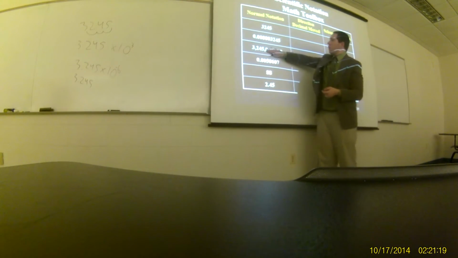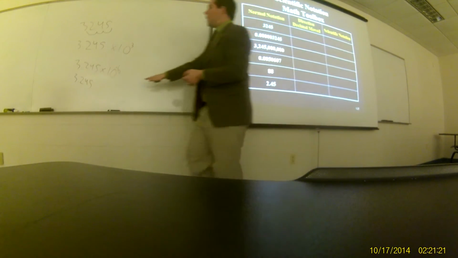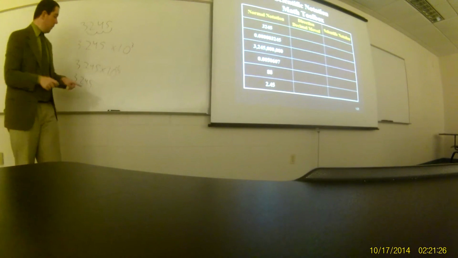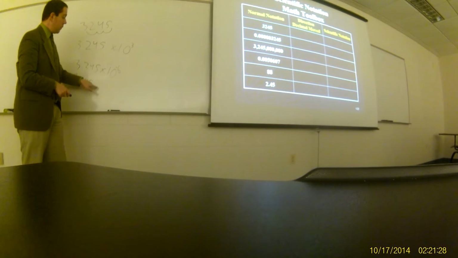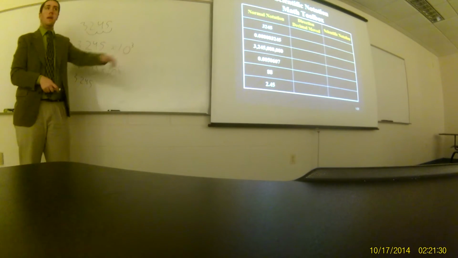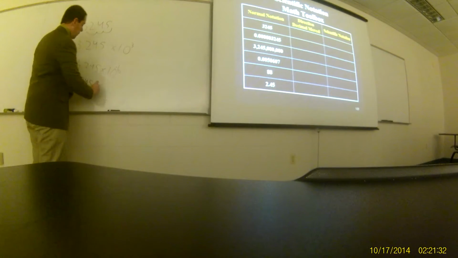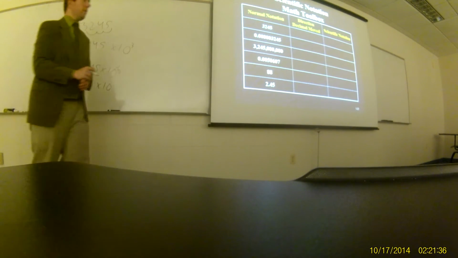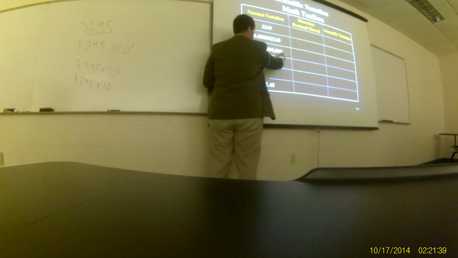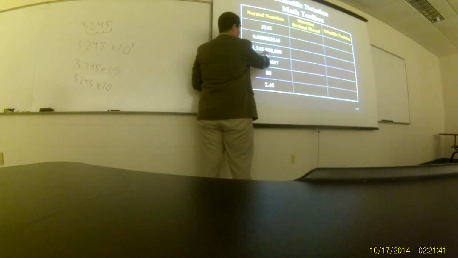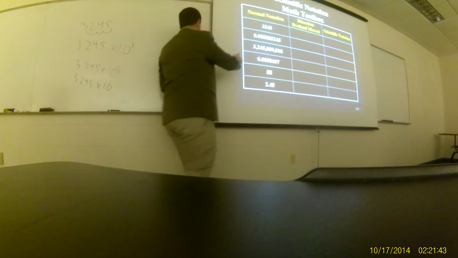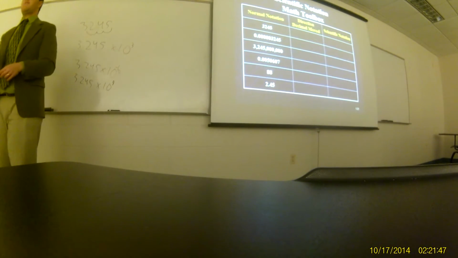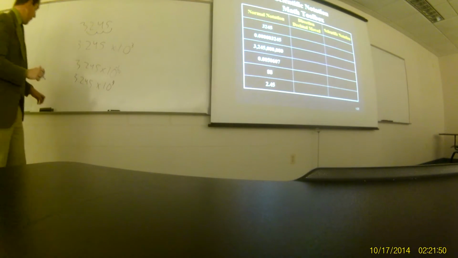And so we can get rid of them when we come over here. If they were significant, we can't get rid of them. We'd have to go 3.245000000, and so on. So here we have 3.245 times 10 to the what? 9. 1, 2, 3, 4, 5, 6, 7, 8, 9. Positive 9, negative 9? Positive, because we went to the left.